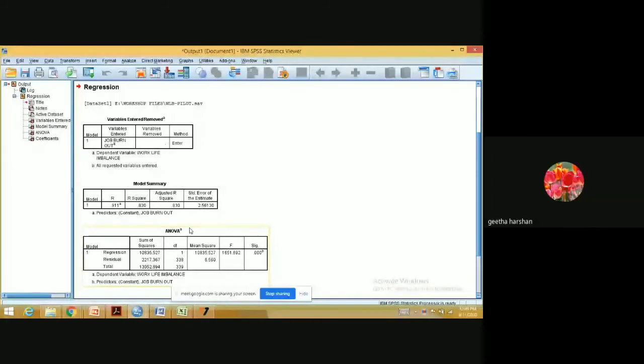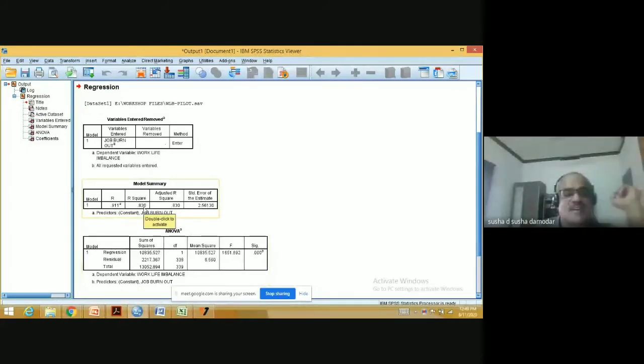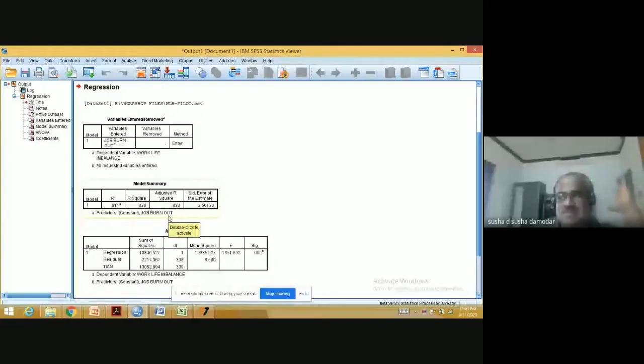So at the time of the application of regression, actually we observe the R square, 0.83 R square, which means 83% of the explanation of work-life imbalance is made by job burnout. Or the variation of work-life imbalance, 83% is due to the variation of job burnout. That is the significance of R square.